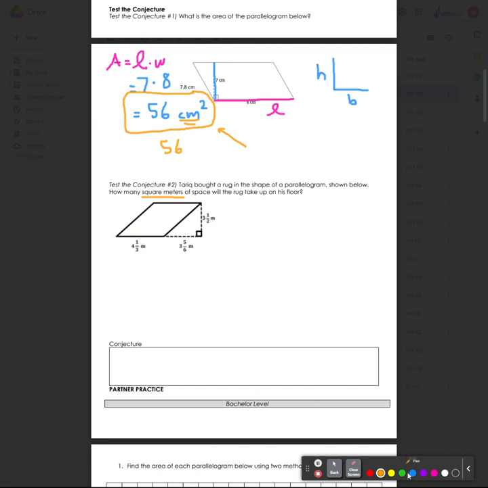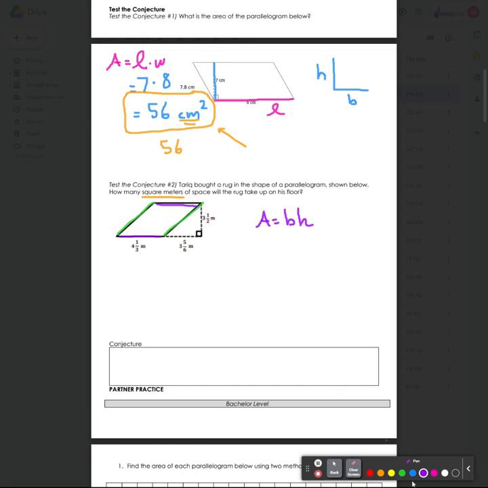Well, when we look at this rug, first off, this side is parallel to this side, and this side is parallel to this side. And so area is equal to length times width, or the base times the height.